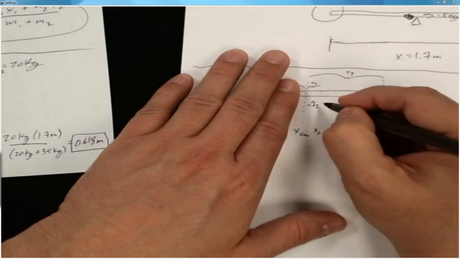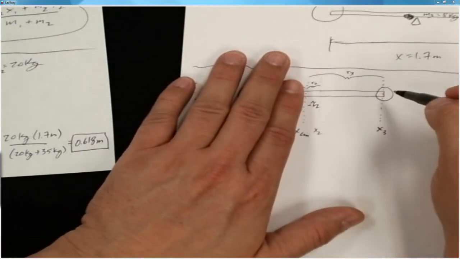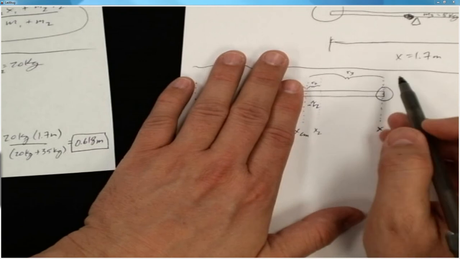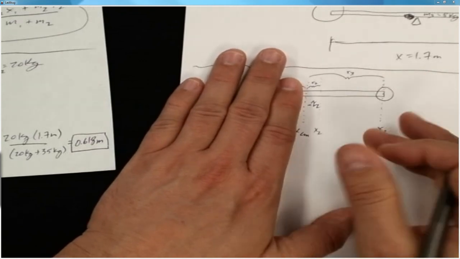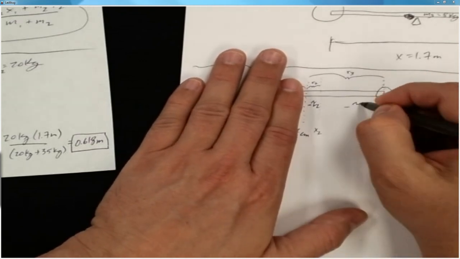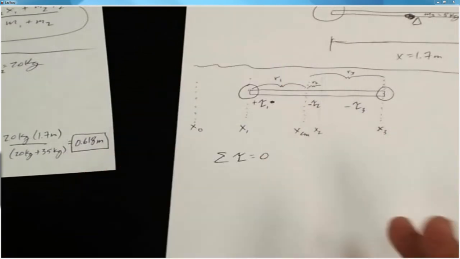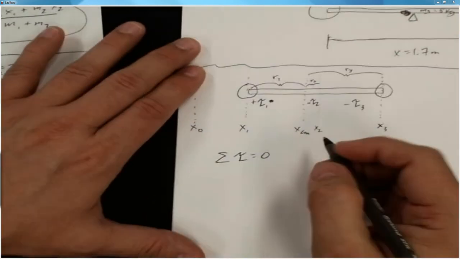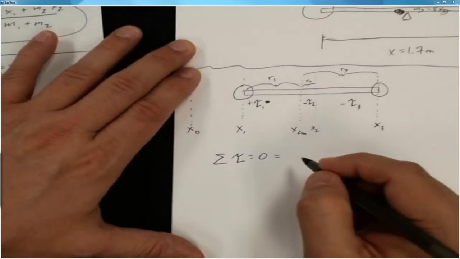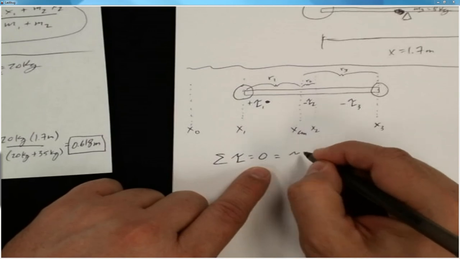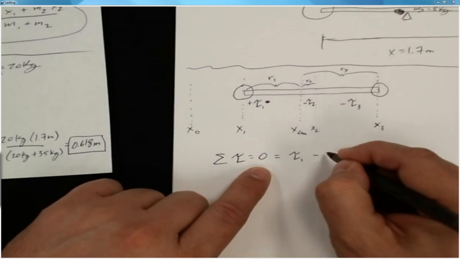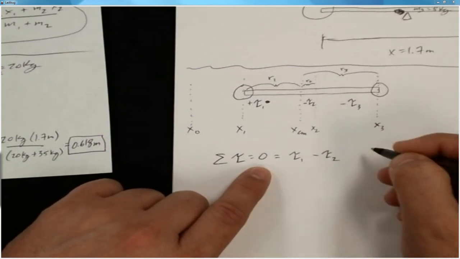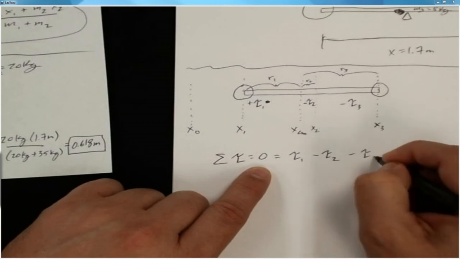And also for radius 3, I would expect it would fall this way. So negative torque 3. Now I don't have to worry about signs of phi. So 0 is going to be equal to a positive torque 1 minus torque 2 minus torque 3.